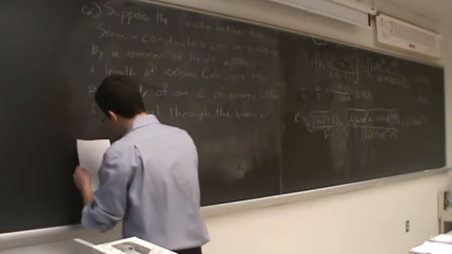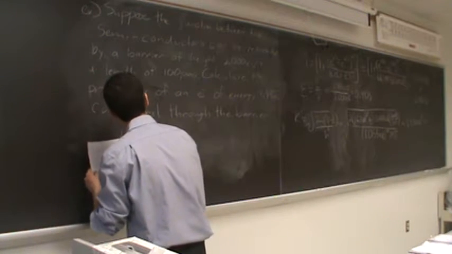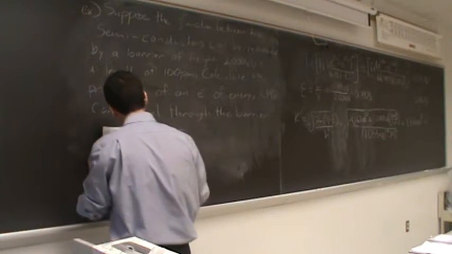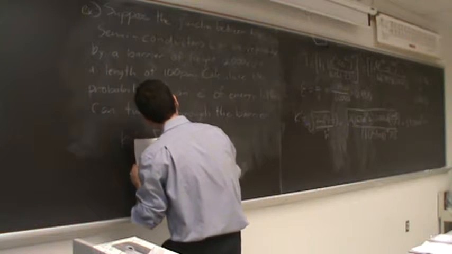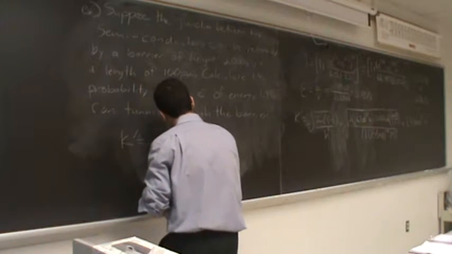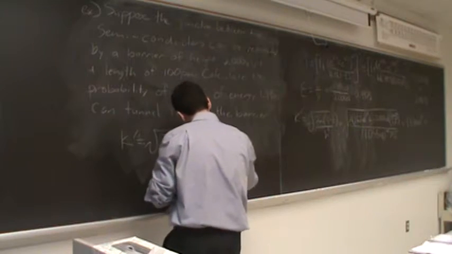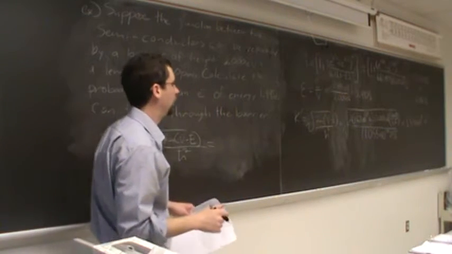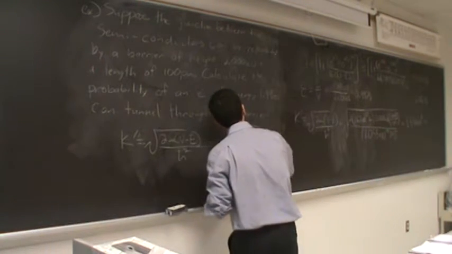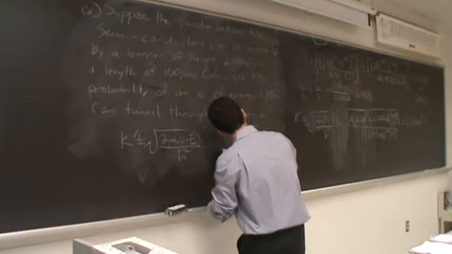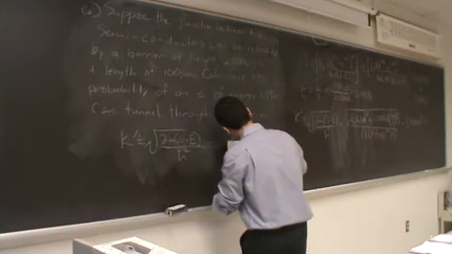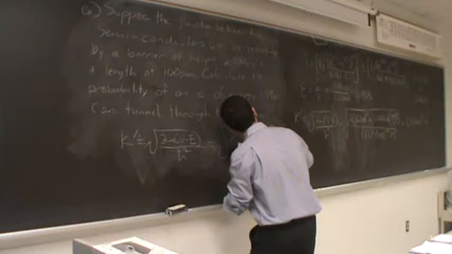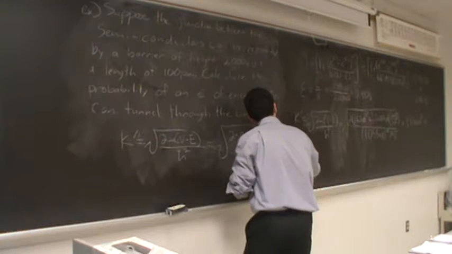So let's calculate k, or k prime, excuse me. So you do that, 2m(V minus E) all over h bar squared. All we have to do is plug in the mass for an electron, so 9.1 times 10 to the minus 31 kilograms. So it's much less massive.